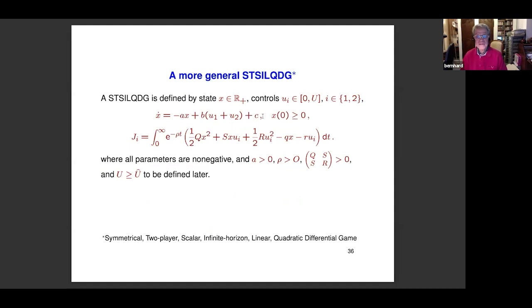Dynamics affine in state and control, symmetrical, but as general as possible, and a criterion which is as general as possible for a quadratic criterion. Of course, you do not need constant terms because they play no role in the optimization problem.